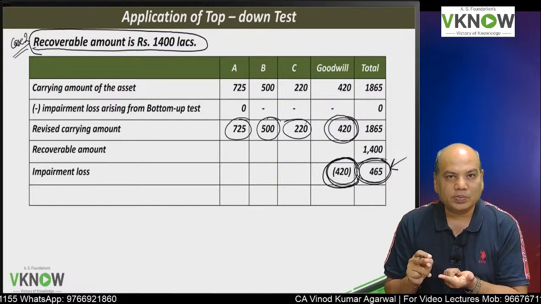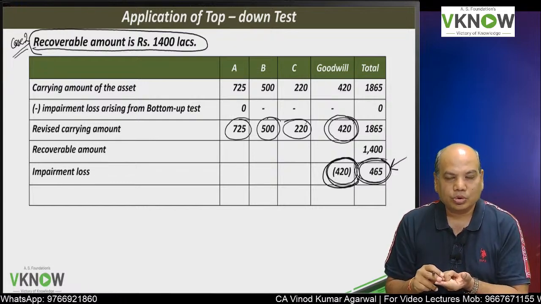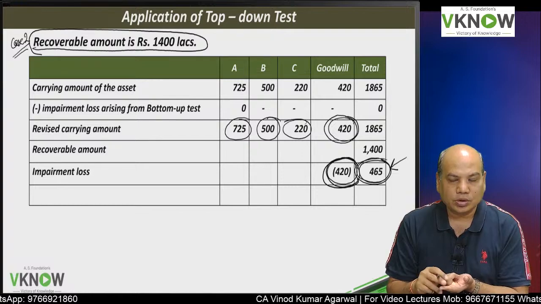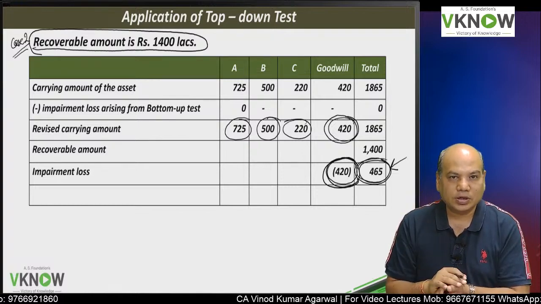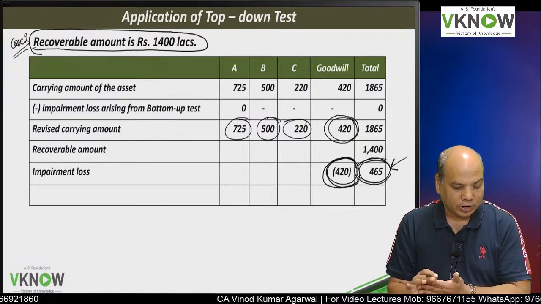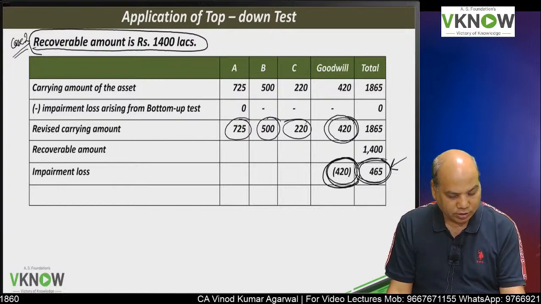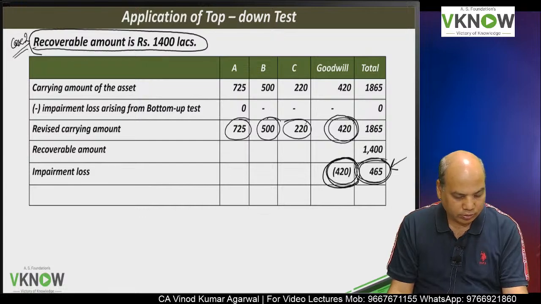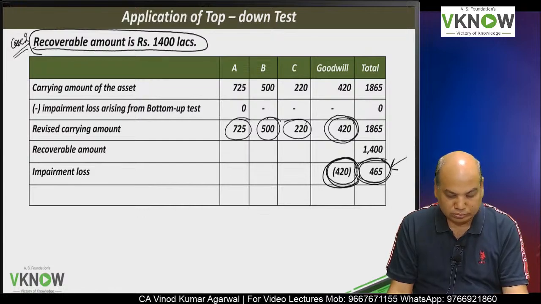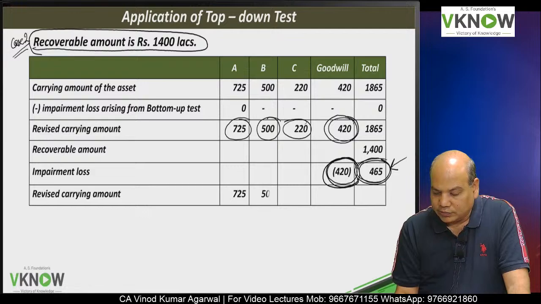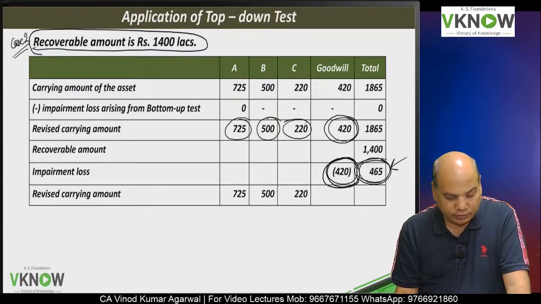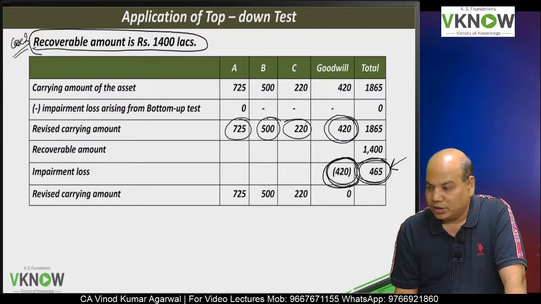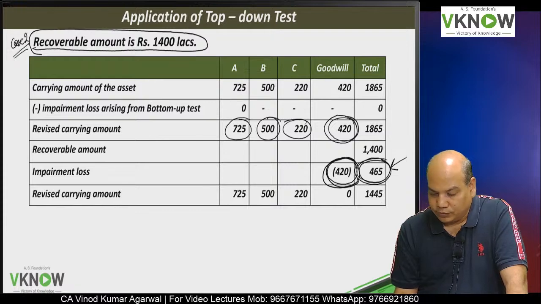Once the bottom up test is already applied, those CGUs will not get further impairment loss. Is it right? So my revised answer will be 725, 500, 220, 0, 1445.